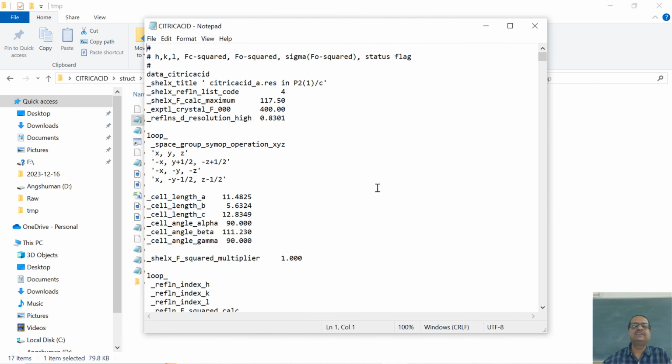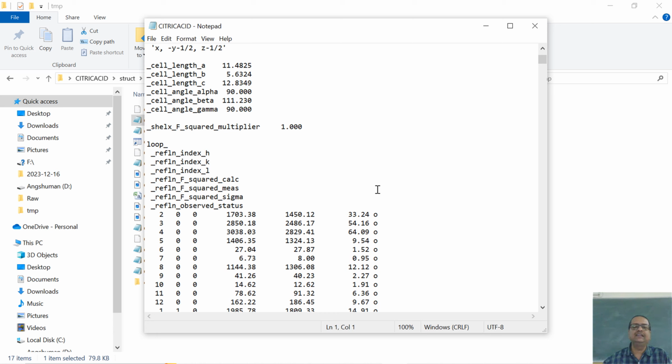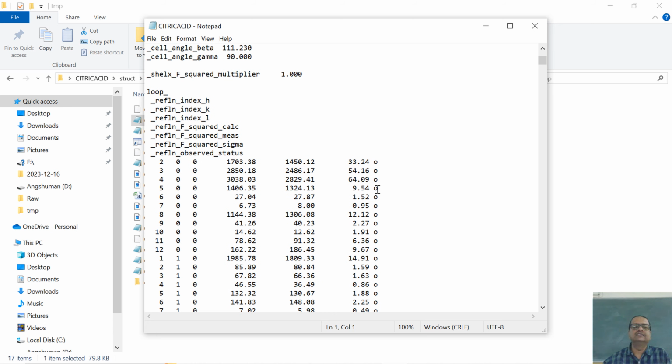And this is the FCF file, or the structure factor file, which it has generated after the structure solution and refinement.